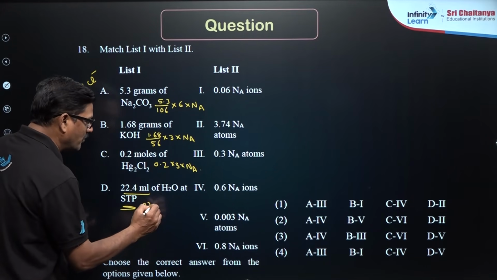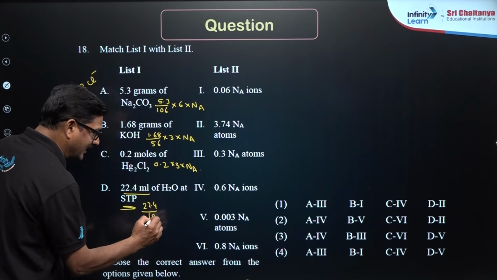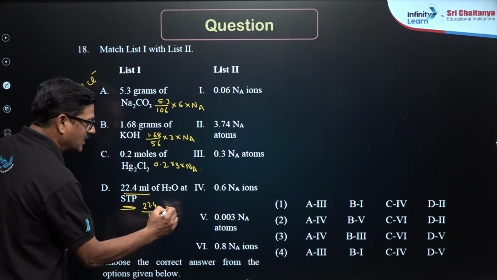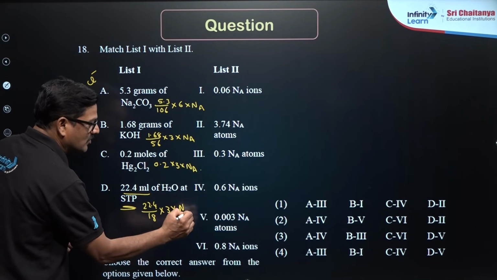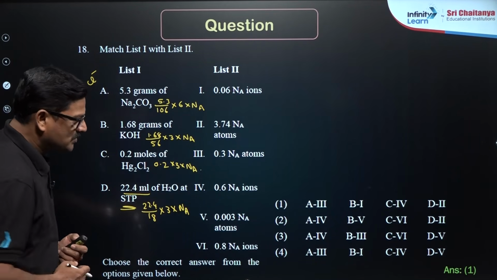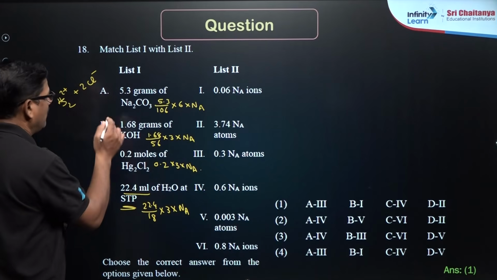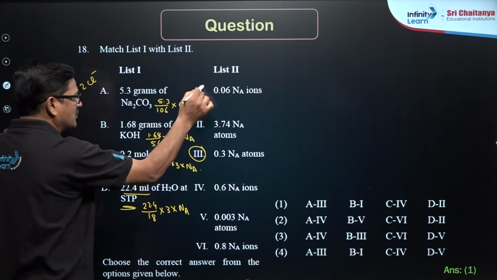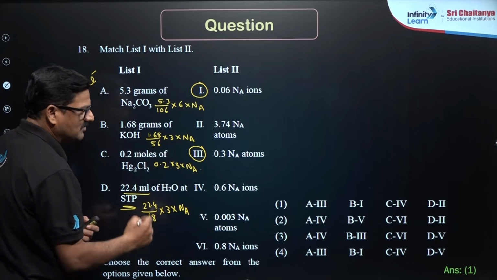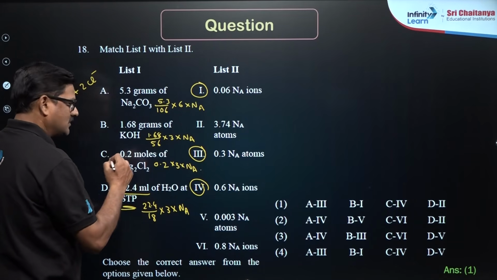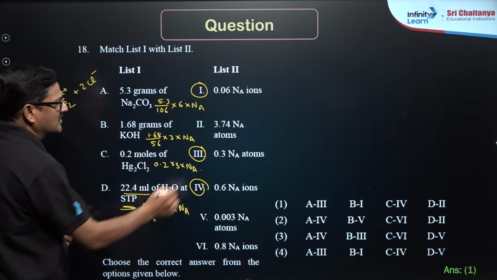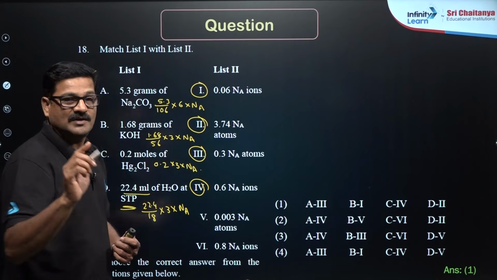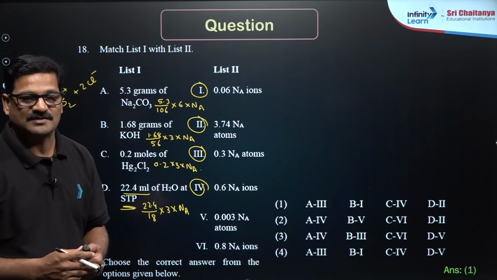So 22.4 upon 18 into 3 atoms into Avogadro number. On doing so, you will have A matches with 3, B matches with 1, C matches with 4 and D matches with 2. Option 1 is the correct answer for this question.